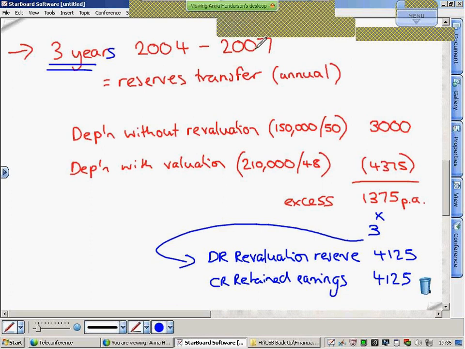Because it's between 2004 and 2007. So we did once in 2004, once in 2005, once in 2006, once in 2007.